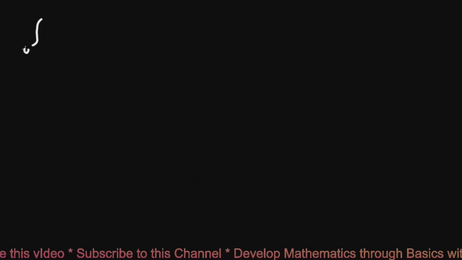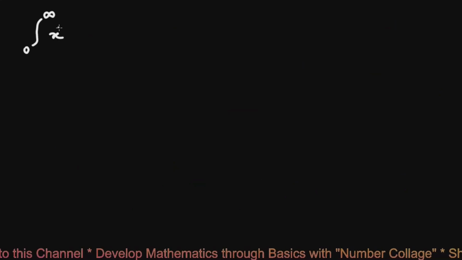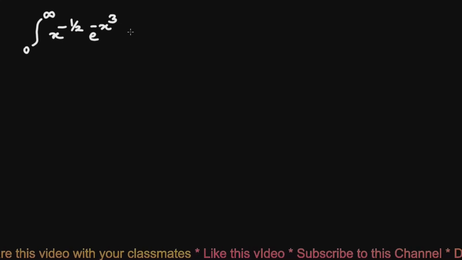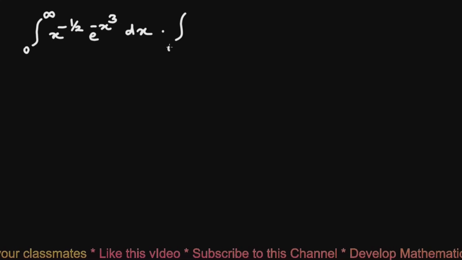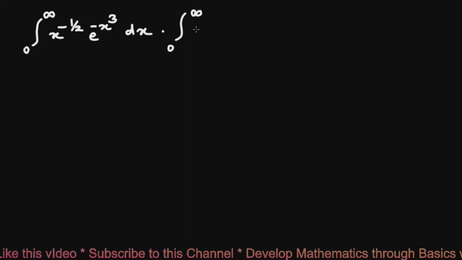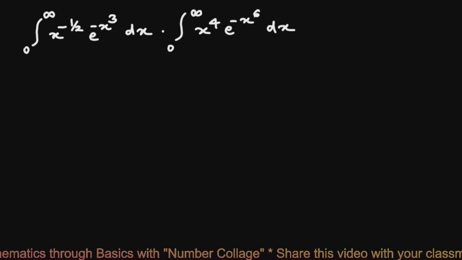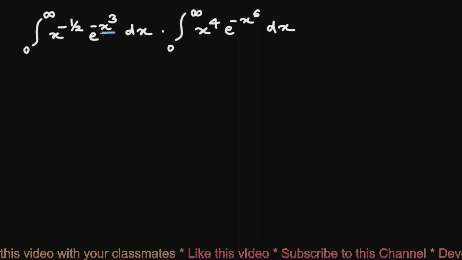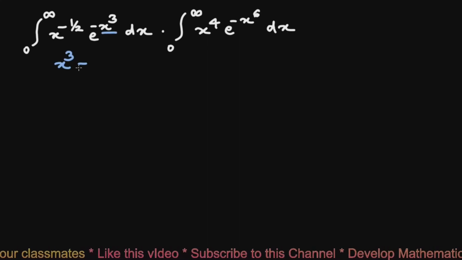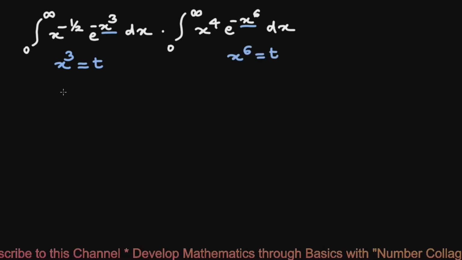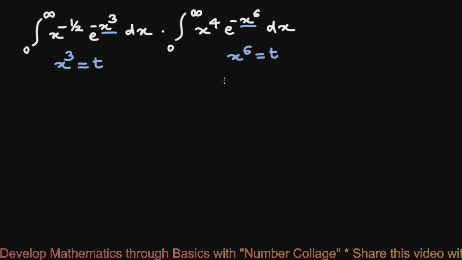In the next example, we have to find integral from 0 to infinity of x raised to minus half e raised to minus x cube dx into integral from 0 to infinity of x raised to 4 e raised to minus x raised to 6 dx. By the usual substitution, x cube equals t and x raised to 6 equals t. We will solve these two integrals I1 and I2.